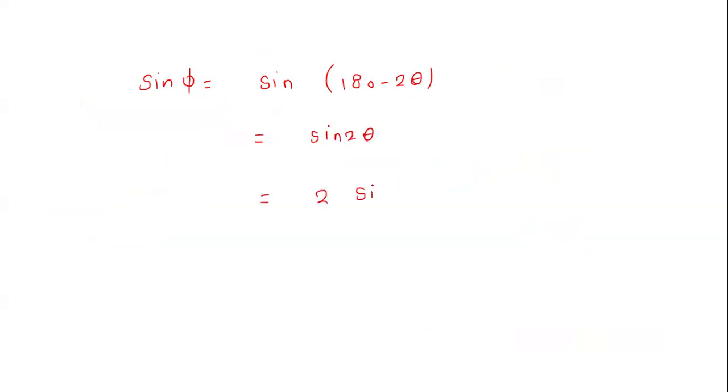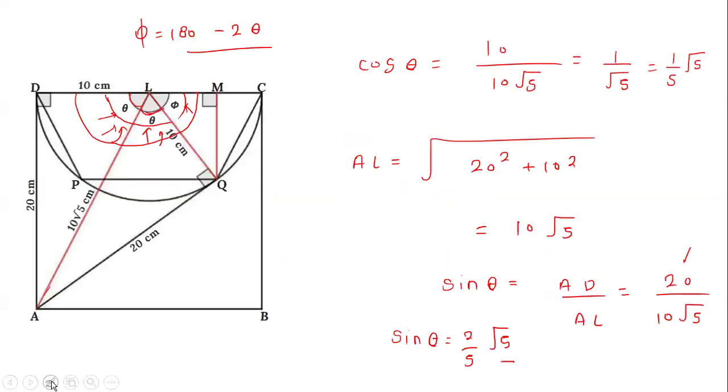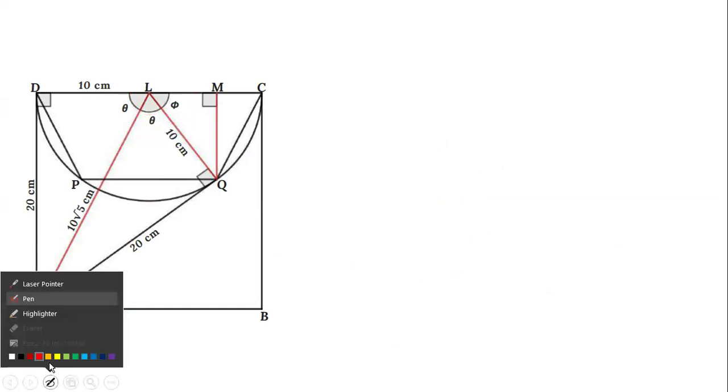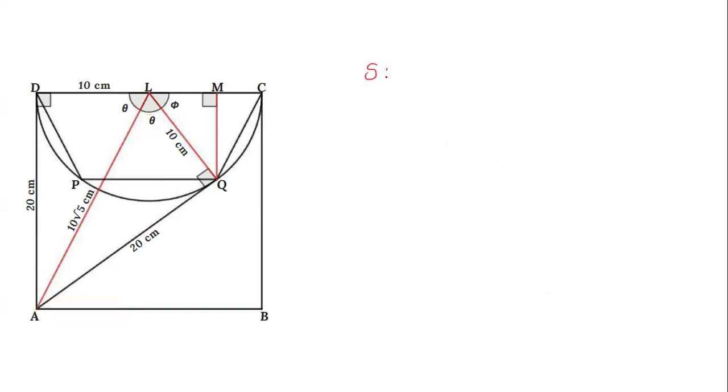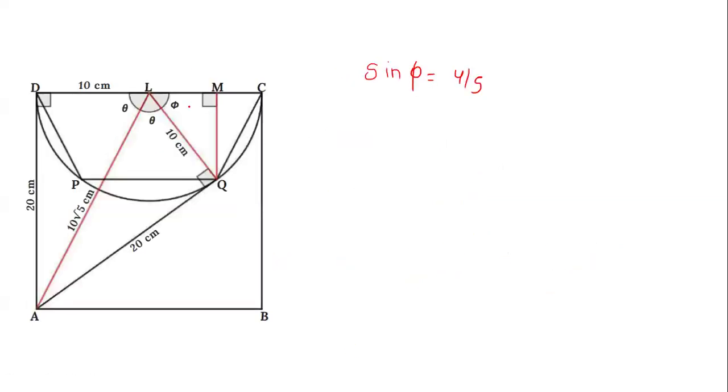So it is 2 times sine theta cos theta. We know the values of both sine theta and cos theta. It is 2 by 5 times root 5 and this is 1 by 5 times root 5. So this will cancel and it will become 4 by 5. So sine phi value we are getting as 4 by 5.